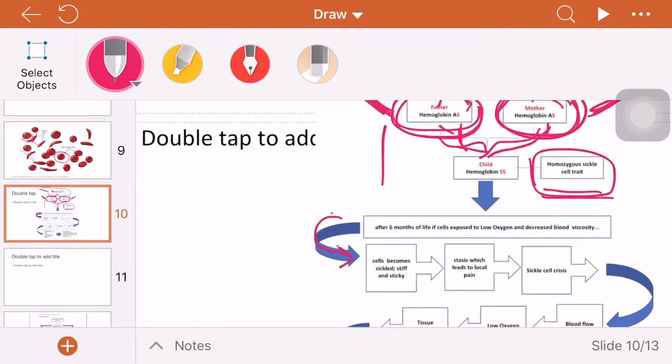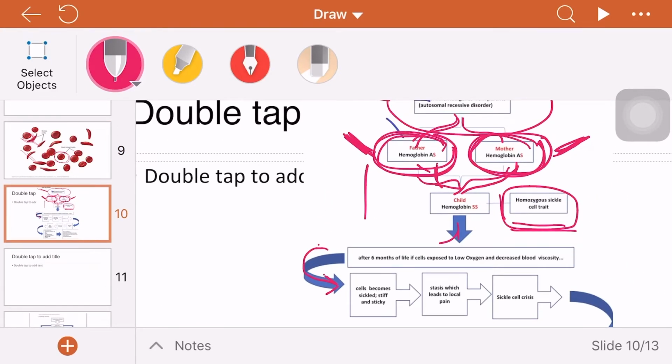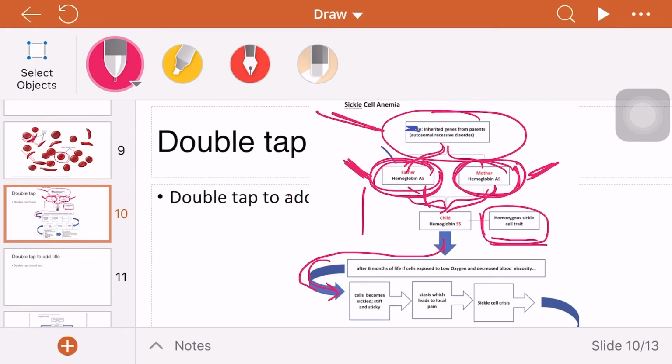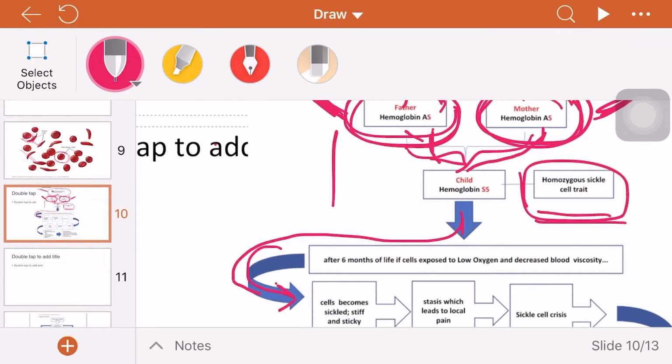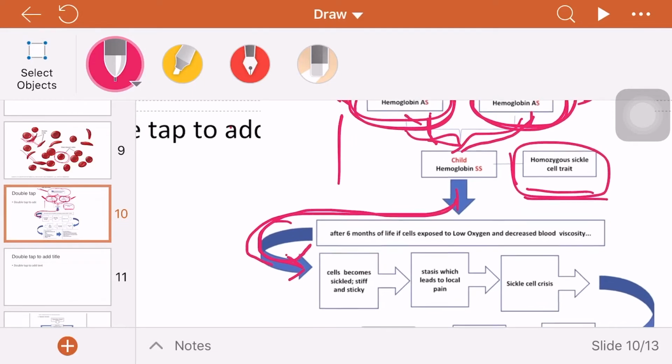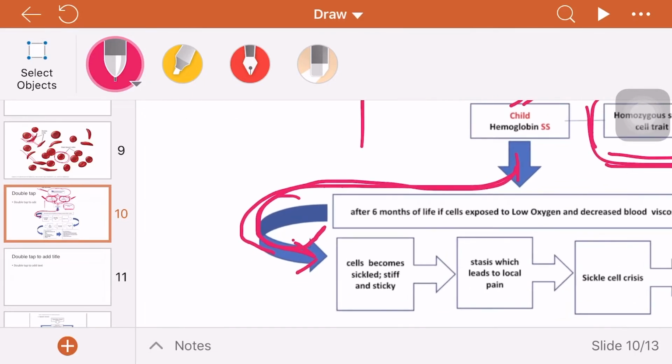This is where the disease process starts. Once the child is born, hemoglobin S is the trait, and after 6 months of life, if the cells are exposed to low oxygen and decreased blood viscosity, since hemoglobin S is sensitive to low oxygen, the cells become sickled, stiff, and sticky.